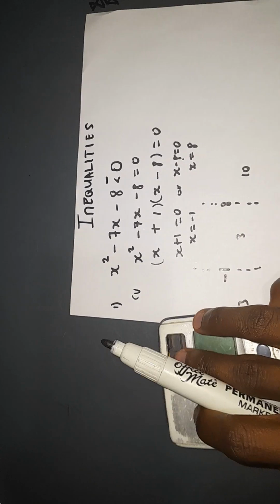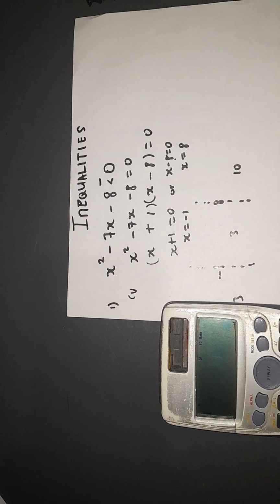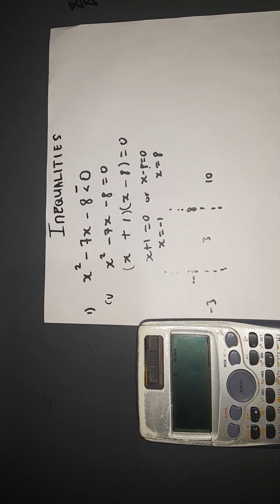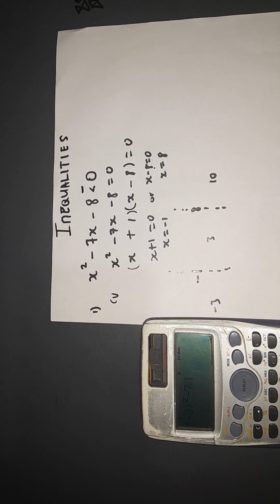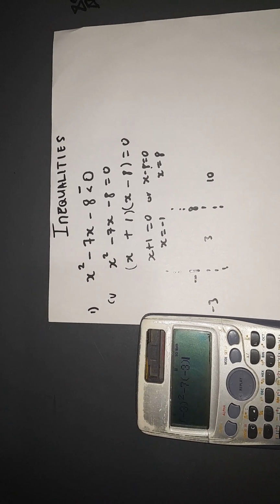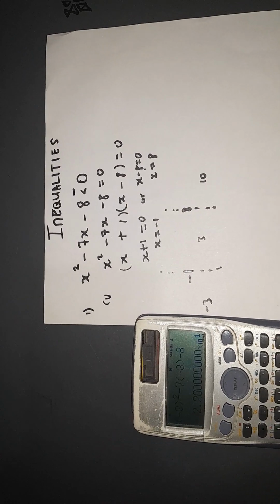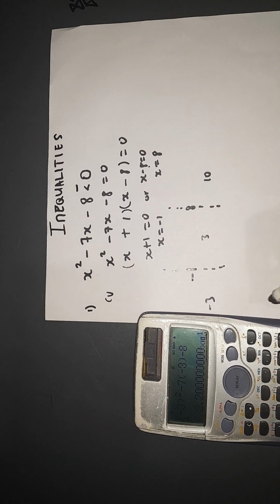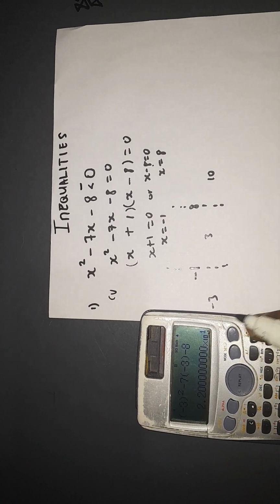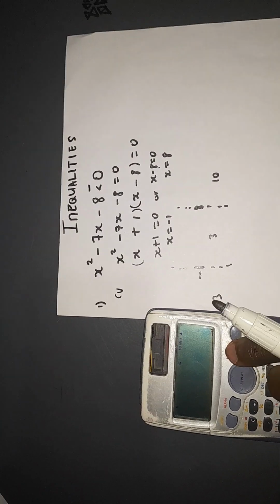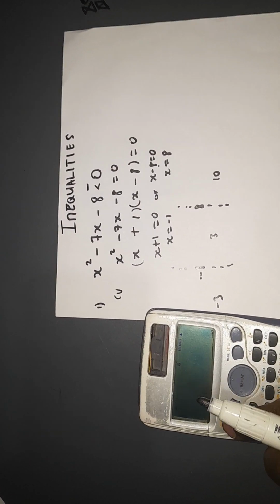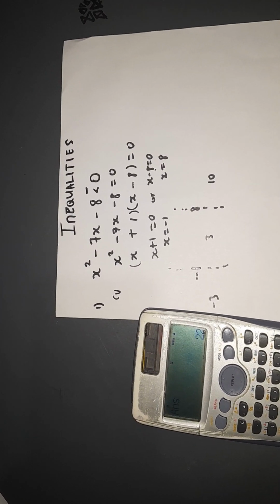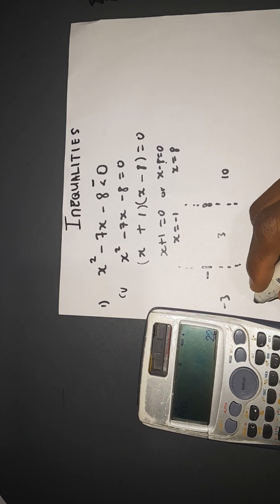For example, let's try to do it. So it's x squared. Let's substitute -3 and -7, -3 minus 8. It gives us, oh, I haven't changed this. Okay, let me change this into a normal thing. 22, which gives us a positive number.